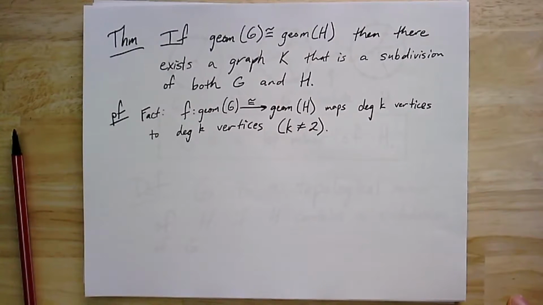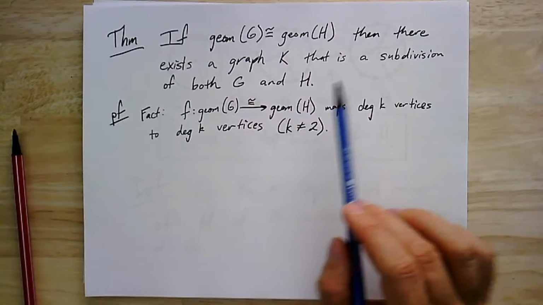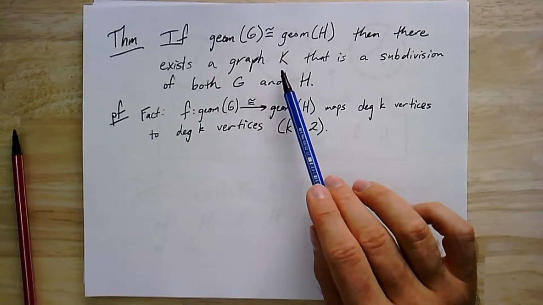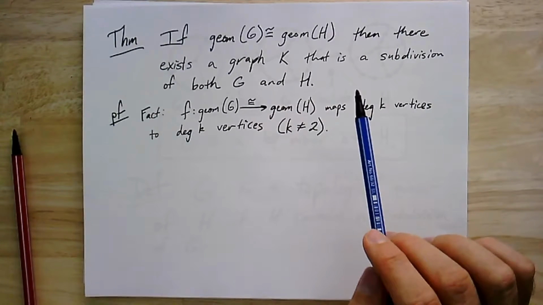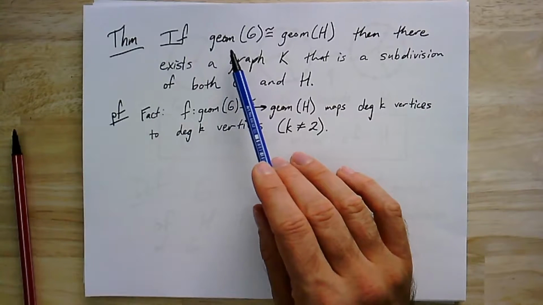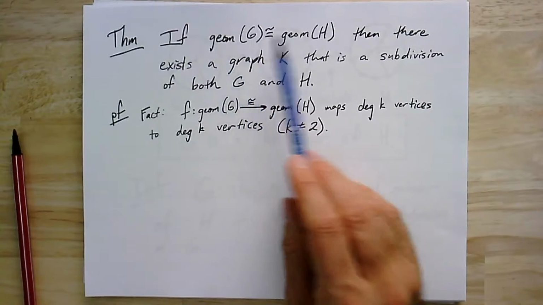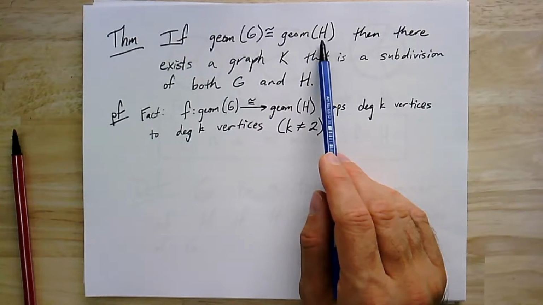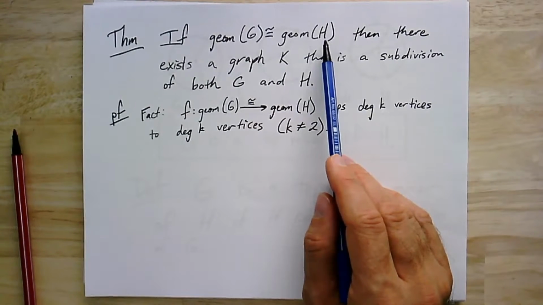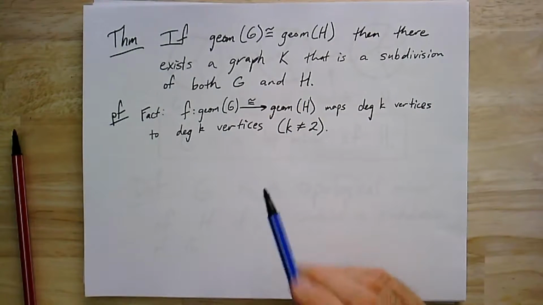All right, so if I have two graphs that are homeomorphic, then I claim there exists a graph that's a subdivision of both of them. So these two graphs themselves might not be isomorphic as graphs, but I can at least find some common subdivision of the two.